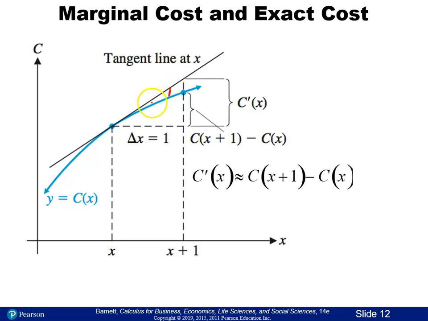There are times when the marginal cost could be an overestimate, and there are times when it could be an underestimate. This particular one, the marginal cost is going to be an overestimate because it's above the actual line here. But if our function had done something like this, then our tangent line would have been here, and so our tangent line would have actually been an underestimate instead of an overestimate.